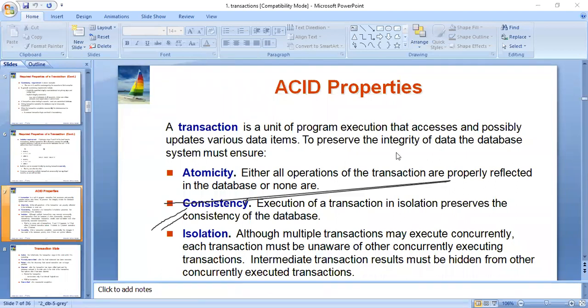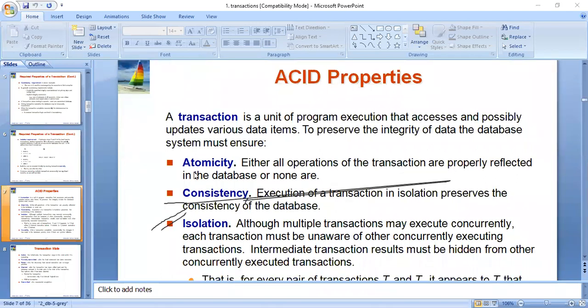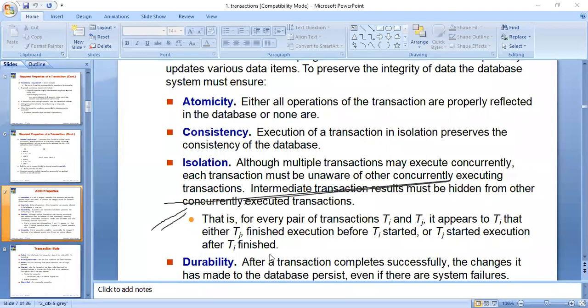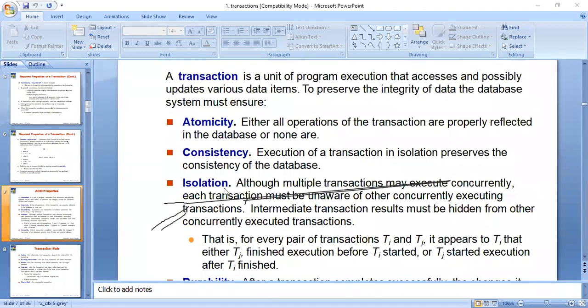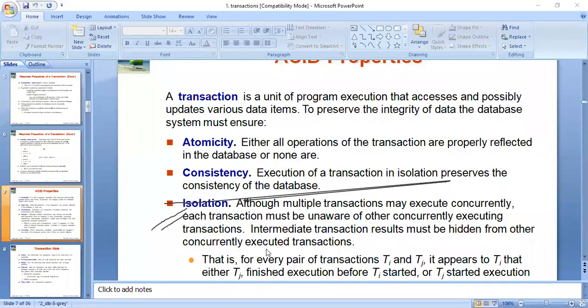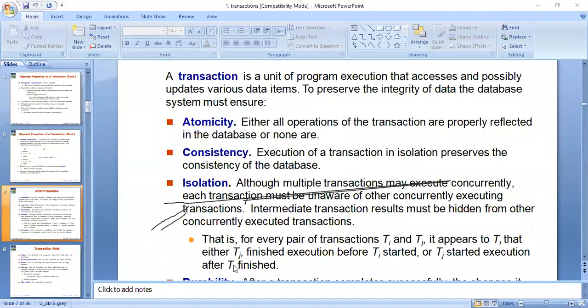To preserve the integrity of data, the database system must ensure 4 properties. What are those 4 properties? ACID means A for atomicity, C for consistency, I for isolation, and D for durability. So, atomicity, consistency, isolation, and durability.